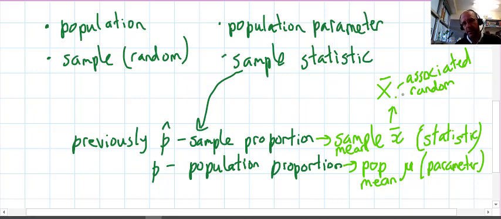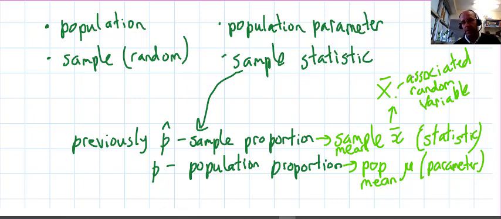Uppercase X bar is the associated random variable. It's associated with the sample mean statistic.